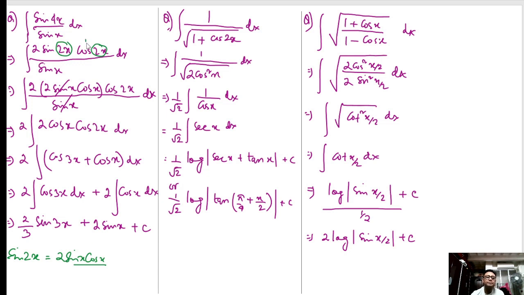Here we have written. Clear? Now watch here, this sine 2x can be written as 2 sine x cos x. Why? Because I can cut this sine x. So this 2 goes out, it becomes 2 cos x cos 2x.